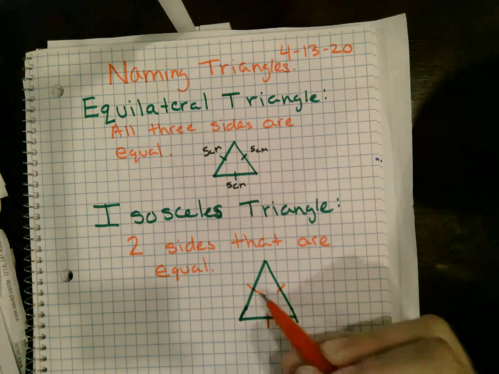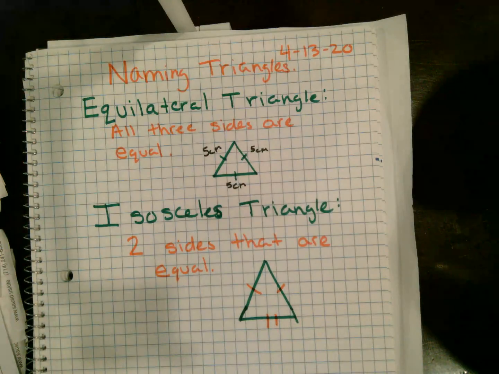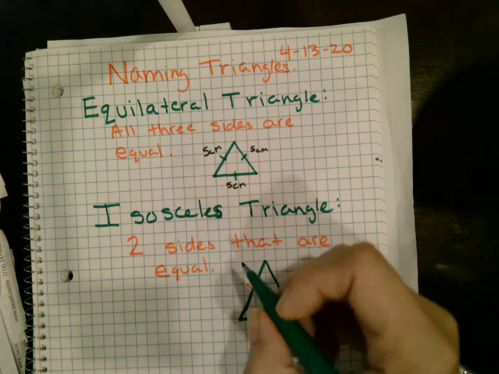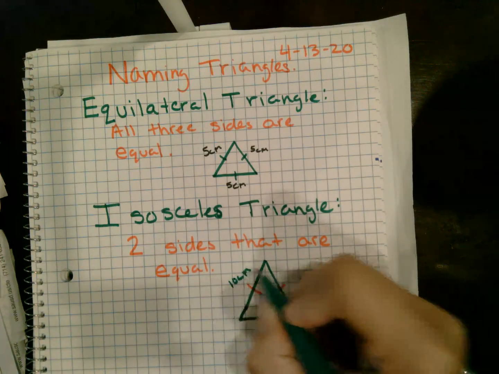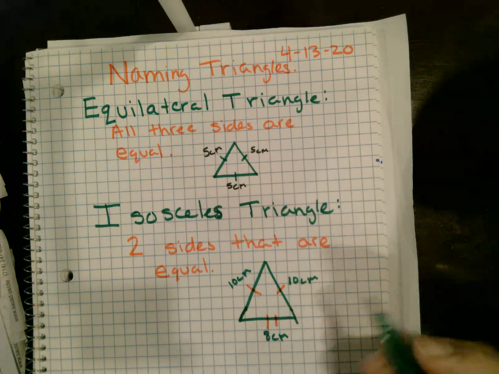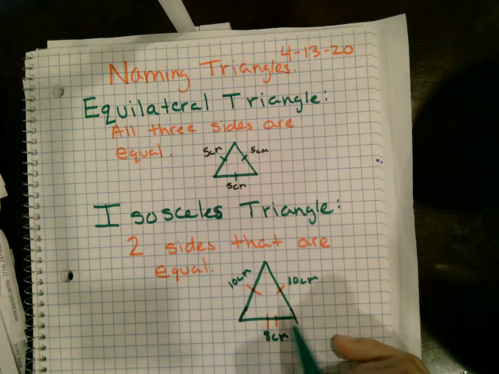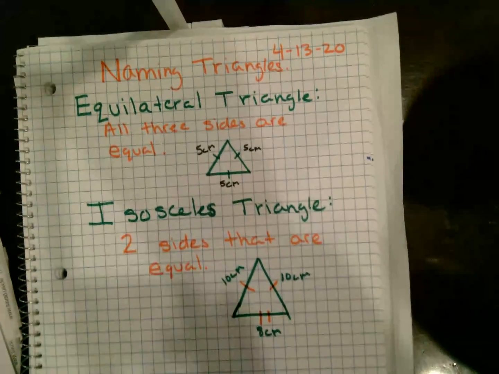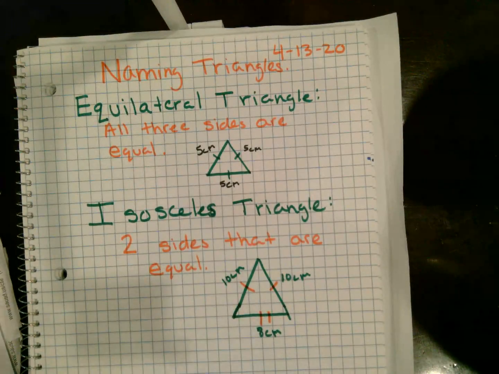That means these two ticks don't match the one with the singular tick. I could say that this is 10 centimeters, 10 centimeters, and this one's 8 centimeters, for example. So you see that these two sides are equal, and this one is a little different. Therefore, it is isosceles.